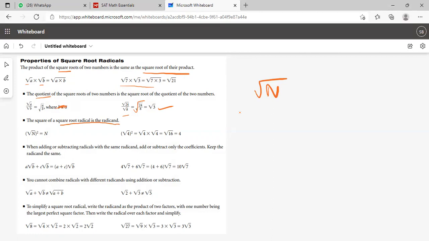Excellent. So they are saying whenever we square a square root radical, the result is basically the radicand. Under root n whole square is n, because the 2 and the under root can be cancelled, because the power of this radical is basically 1 by 2.